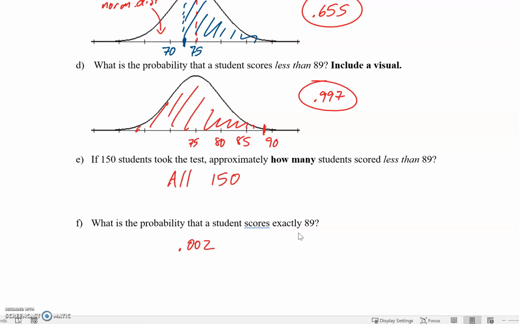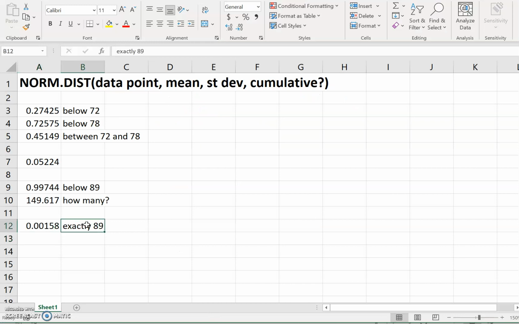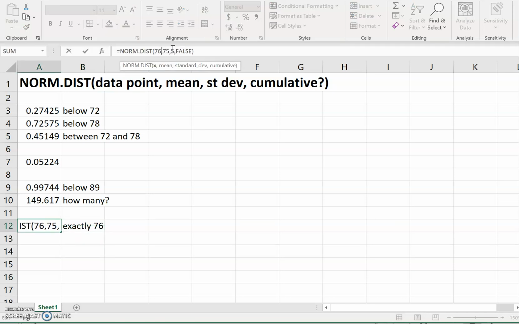Which makes sense because we didn't really have anybody that we thought scored above an 89 there. We could choose another number, if we just needed to see, let's choose something closer to the mean. So how many people scored exactly, let's say 76. I just change this to 76 and we'll see what percent.